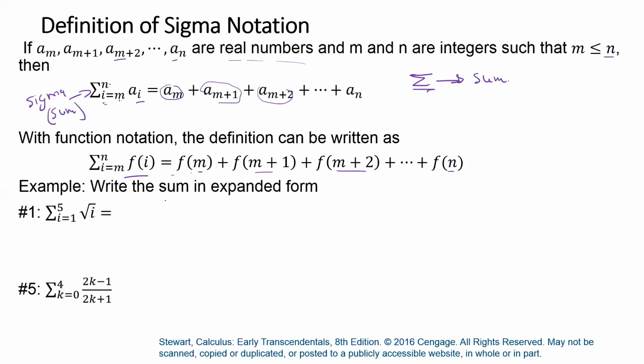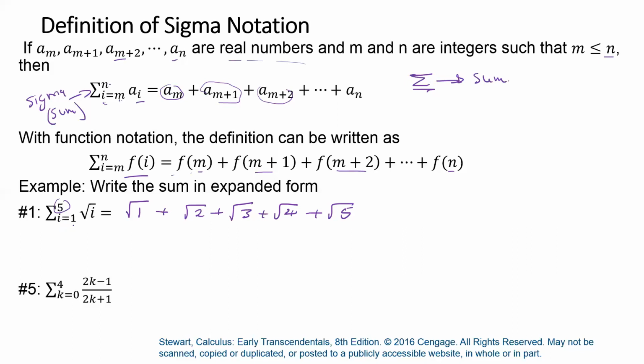Okay, so let's write this sum in the expanded form. The function is the square root of i. I could use square root of x, and x will start from 1 to 5. So this means that we evaluate it at x equal to 1, plus square root of 2, plus square root of 3, plus square root of 4, and then plus square root of 5, because it goes up to 5.